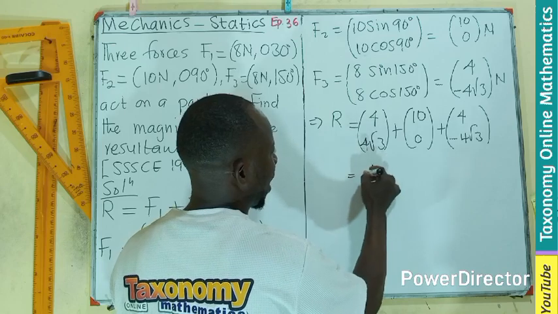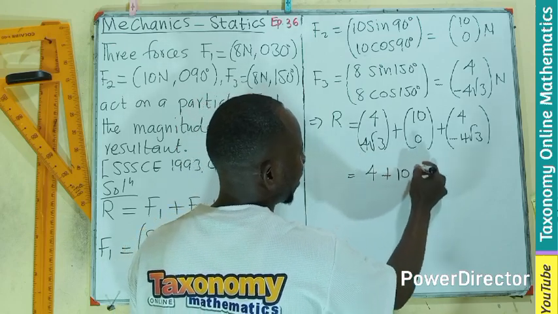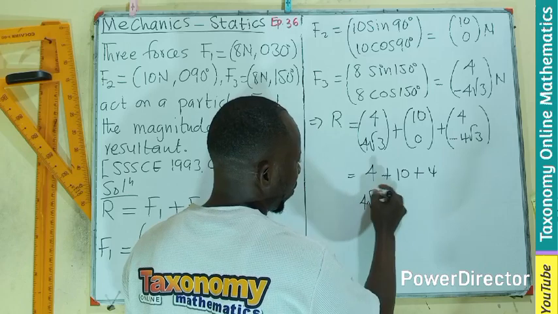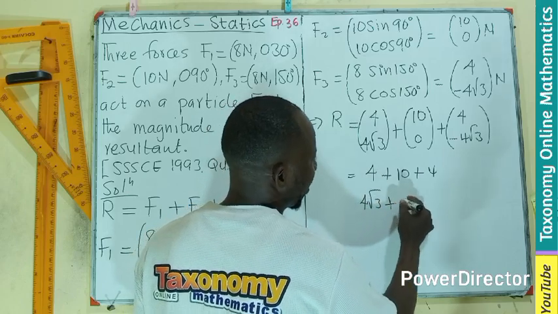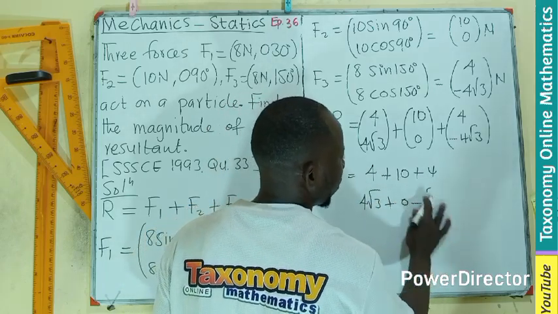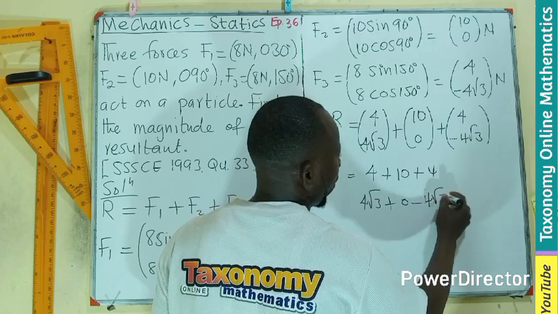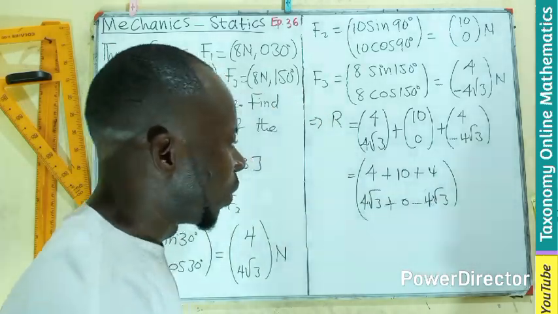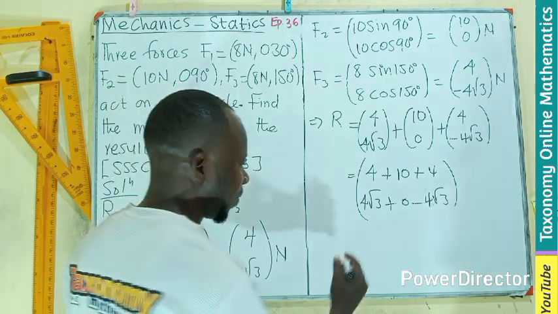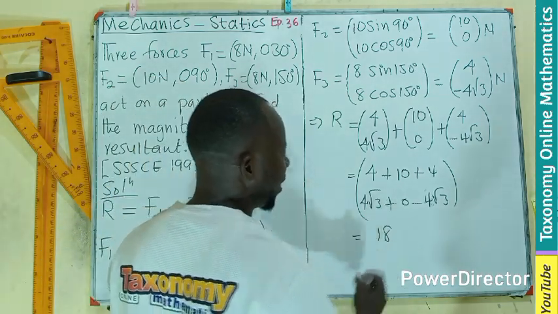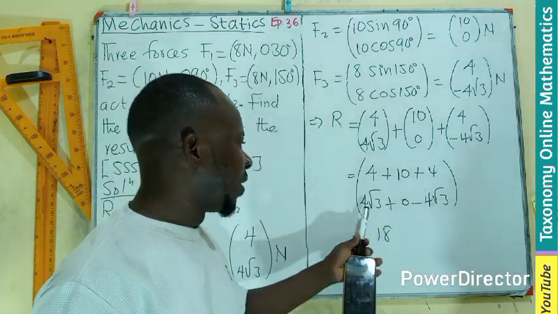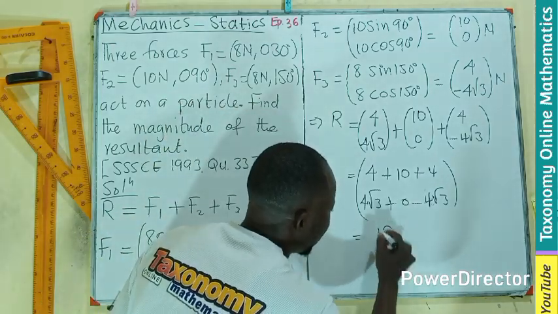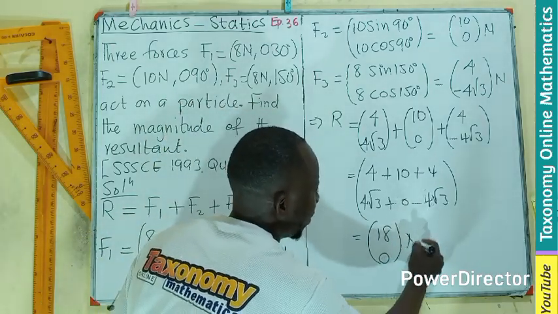Let's put all together. 4 plus 10 plus 4 is the x component, then 4 root 3 plus 0 minus 4 root 3. 4 plus 10 plus 4 gives us 18. Then 4 root 3 minus 4 root 3 will give us 0.